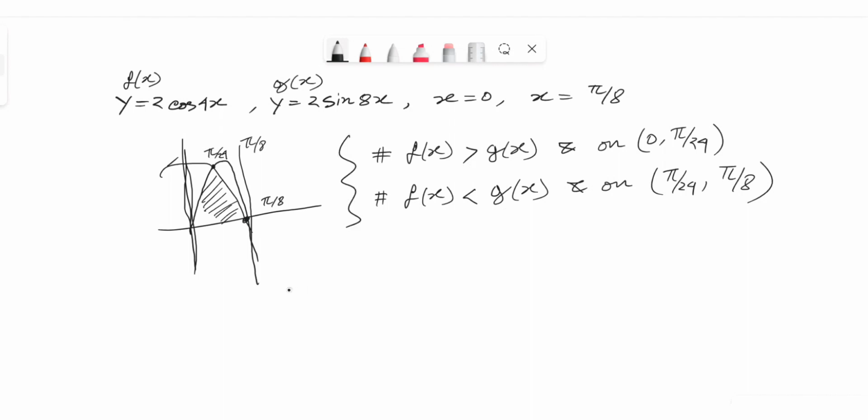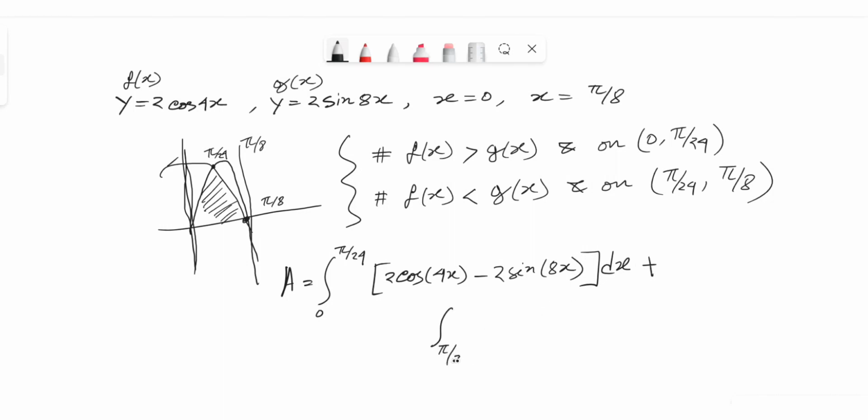From this conclusion, we can create the integration formula which will determine the area: the integral from 0 to pi by 24 of 2 cos 4x minus 2 sin 8x dx, plus the integral from pi by 24 to pi by 8 of 2 sin 8x minus 2 cos 4x dx.